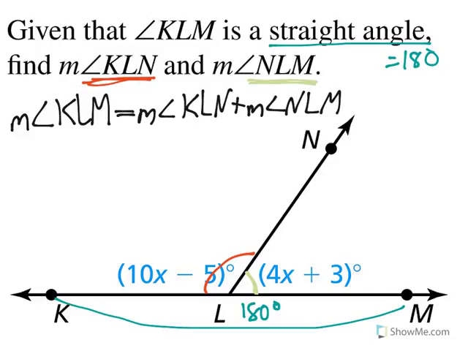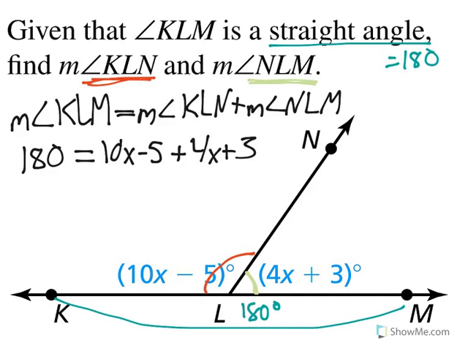Okay, so all I'm doing is adding up my two parts to make my whole again, just like segment addition postulate. So I know that KLM is equal to 180. Okay, because it told me it's a straight angle, so that means it's 180 degrees. Then the measure of KLN, it tells me here is 10x minus 5, plus the measure of NLM, which is 4x plus 3.